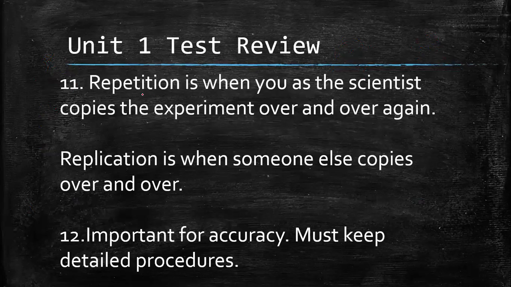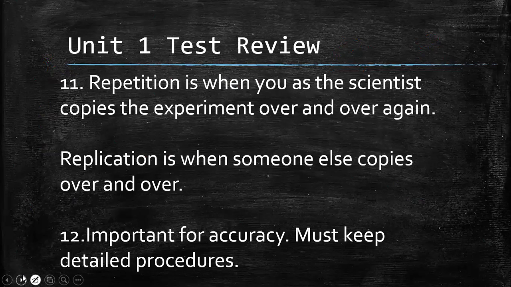All right, so number 11, we've been going over this as well, repetition versus replication. Remember, repetition is when you as a scientist copy the experiment over and over again. It's when you're conducting multiple trials. Replication is when someone else copies it over and over. Repetition allows for you to make sure that information is correct.